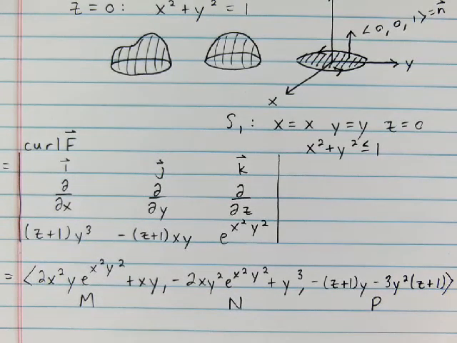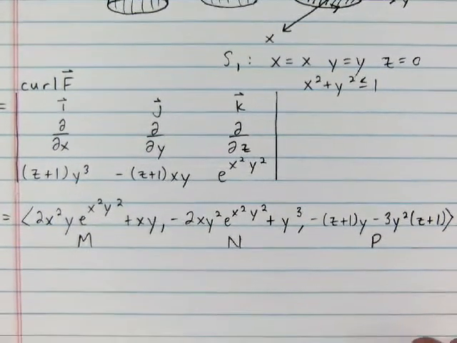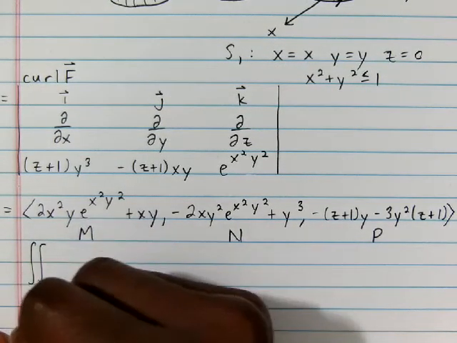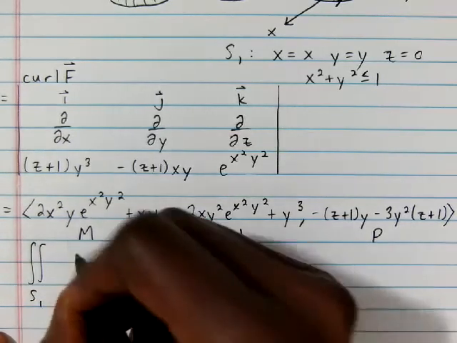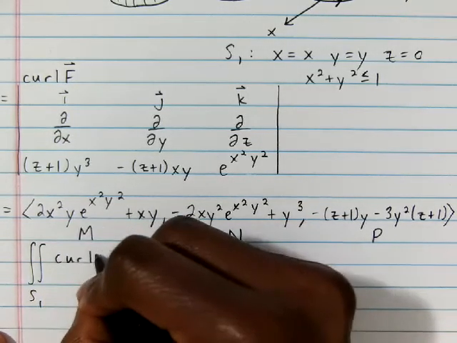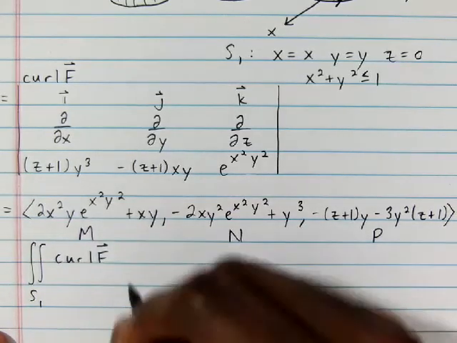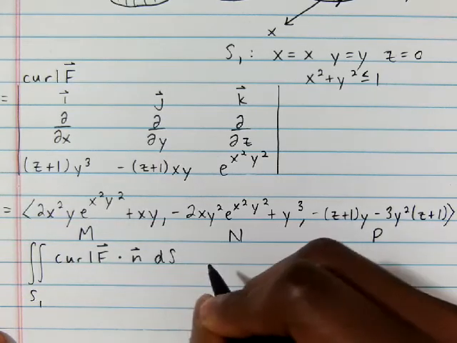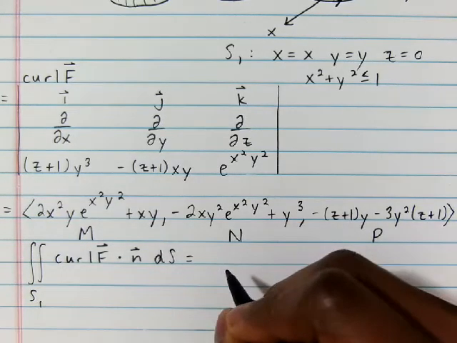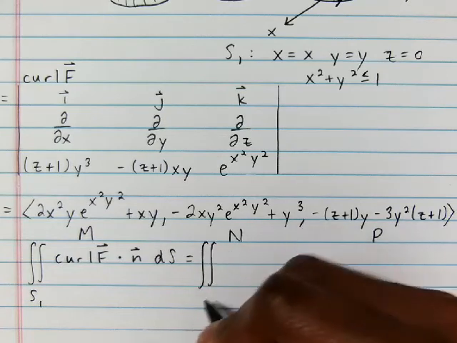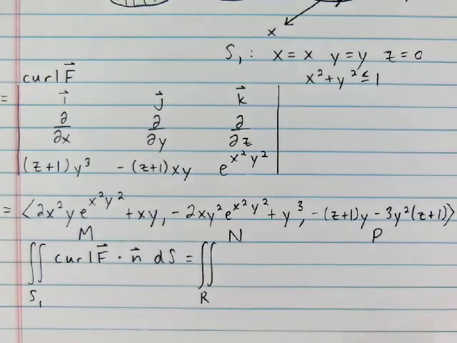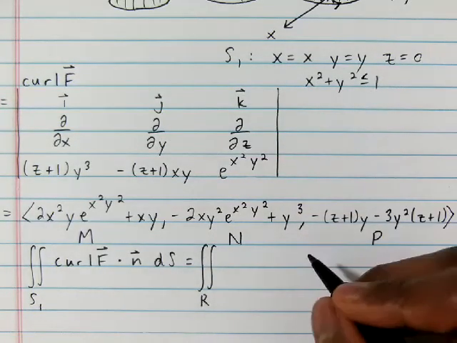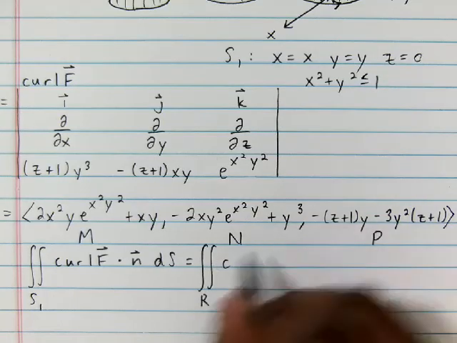So now we're going to do the surface integral over S1, because we were told we couldn't use S, and we chose a new surface S1, of curl of F dot N dS equals the double integral over the region R, and that's the region R right there, of curl of F. I don't want to write this whole thing out again.